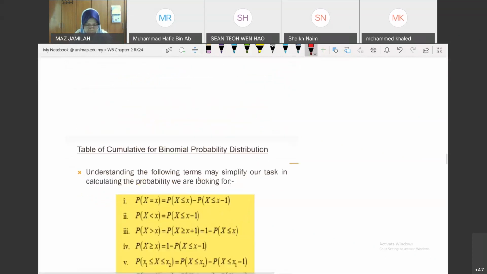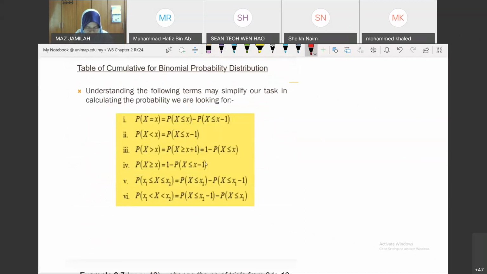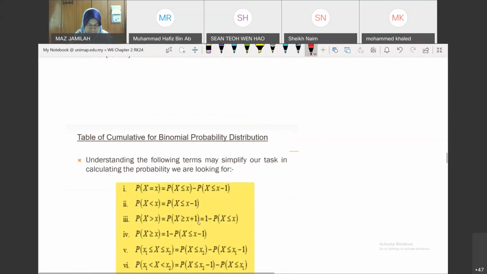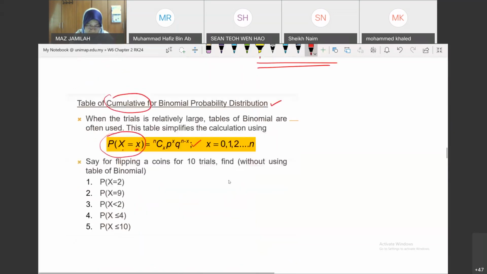Before I go into these particular phrases, assuming that all your equations can be defined using these phrases: probability x is equal to a certain value, probability x is less than a certain value, greater than a certain value, and so on and so forth. Now, let's take the example in your book on page 48, example 2.7.